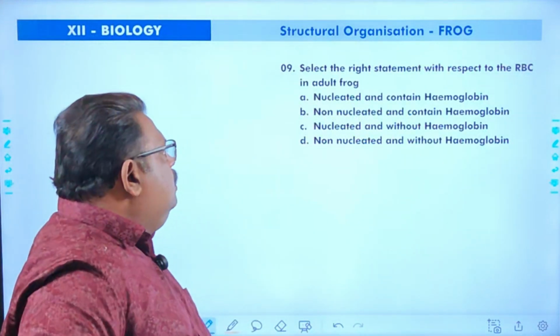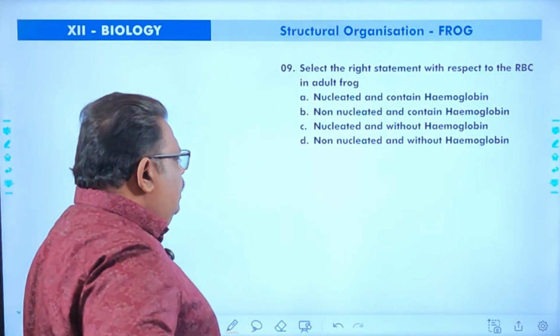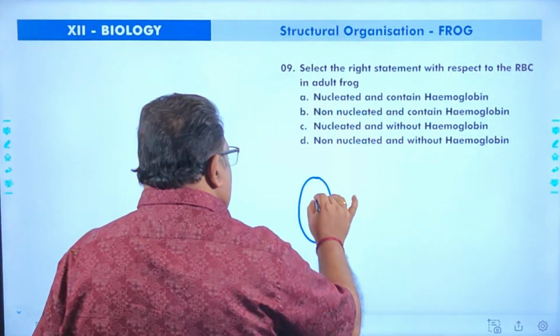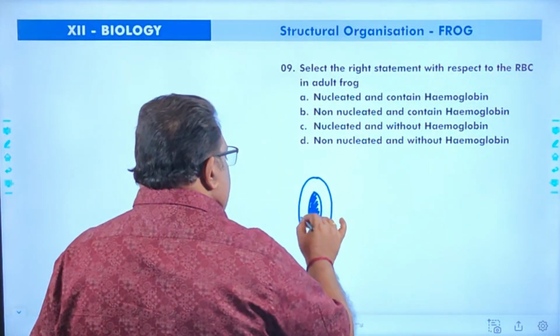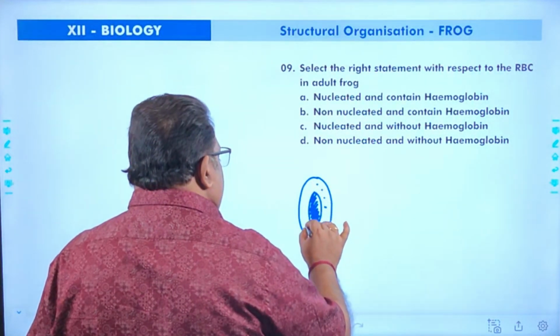Next one. Select the right statement with respect to the RBC in adult frog. In the case of adult frog, the RBCs are oval, nucleated, biconvex, and contain hemoglobin pigment.